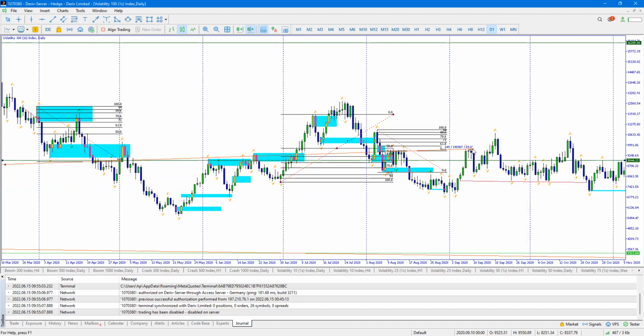Broke structure to the downside, the upside, came back, retested, broke structure again, came back, created liquidity, created the equal highs, and price came to sweep out the liquidity here and came to retest this zone.